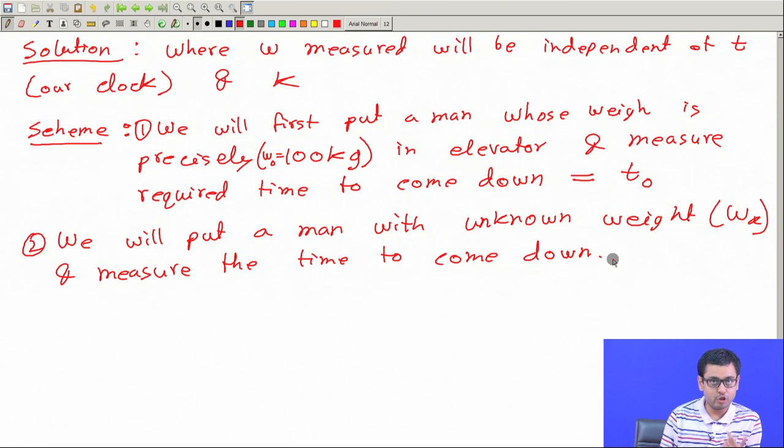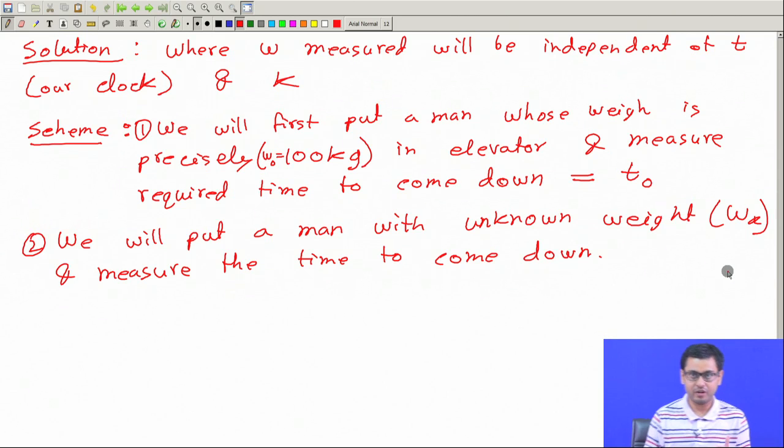Now you can guess, we will basically compare these two times. How long the previous man, the standard man, reference man, whose weight is precisely known, 100 kg, took to come down versus how long this unknown man took to come down. So we will compare these two times, and from this we will estimate the unknown weight.